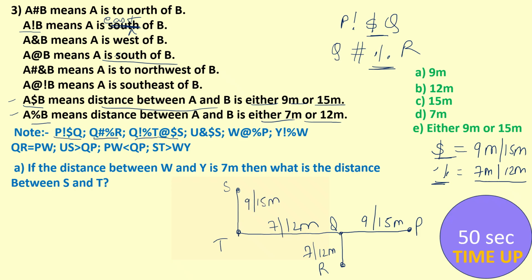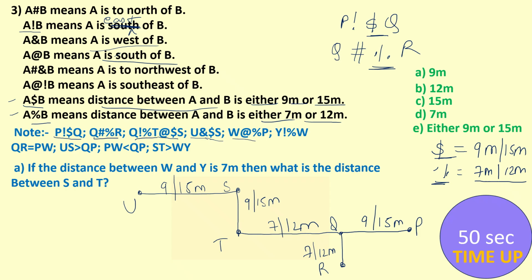Next, what is there? U and dollar S is there. So U and S means what? U and S means U is to the west of S. By how many meter? Dollar is there, so it is 9 or 15 meter. We don't know, correct?